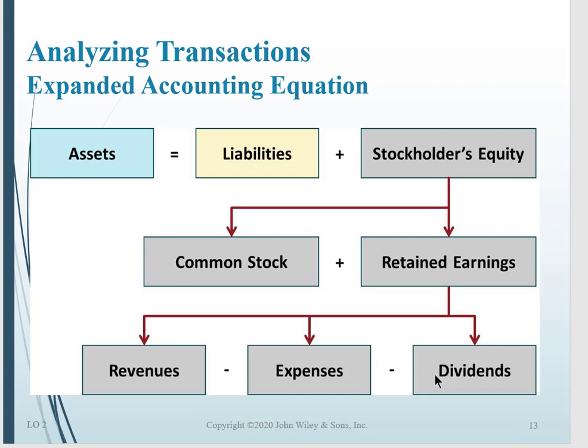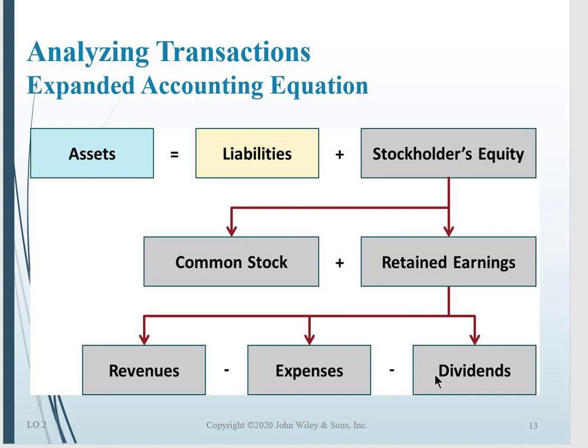How we ultimately work this out with income then is the equity section has two parts. Common stock is the money that's been paid to the company by shareholders. That's their investment in the company. Retained earnings is a representation of the profits of the company that have been kept, right?